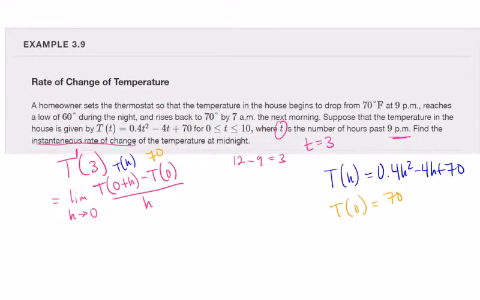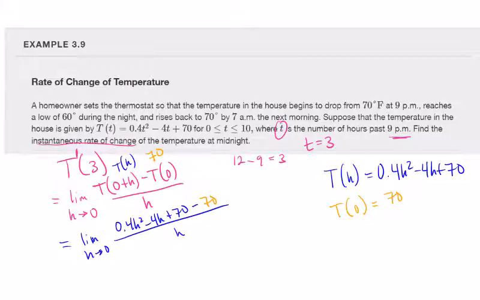What I'll end up with is the limit as h approaches 0 of T of h, which is 0.4 h squared minus 4h plus 70, minus T of 0, which is 70, all over h.